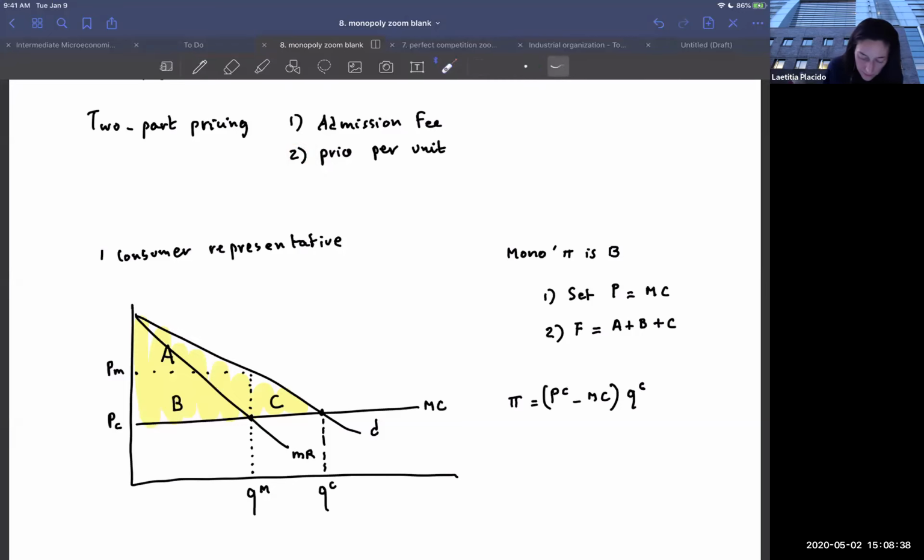And in addition to that, the monopolist gets the admission fee, which is A plus B plus C. Price equals marginal cost, so the first part is zero. So the monopolist profit is ultimately A plus B plus C. So by implementing a two-part tariff, the monopolist is able to capture the entire consumer surplus again.